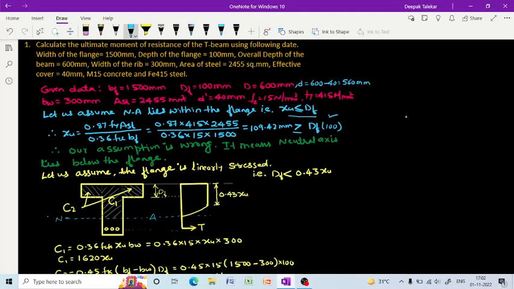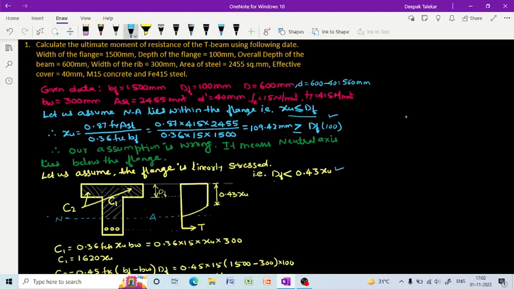It could have a small rectangular portion, less than the thickness of the flange, and then it will follow the parabolic line, that is non-linear. Now let us assume it is linearly stressed. That means the depth of the flange is less than 0.43 Xu. So this Df is less than 0.43 Xu. This is the code provision. This condition is as per the code provision.